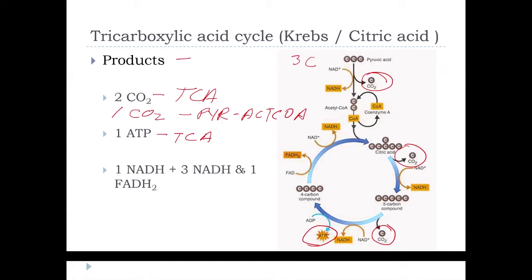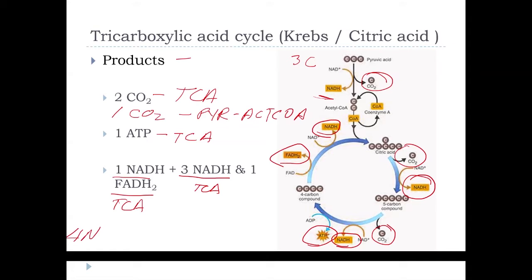And from the TCA cycle itself, we get 1, 2, 3 NADH. We get 1 FADH2. And then we have this other NADH that was produced from the pyruvate conversion up here. So really what we have is 4 NADH plus 1 FADH2, a little bit of carbon dioxide.